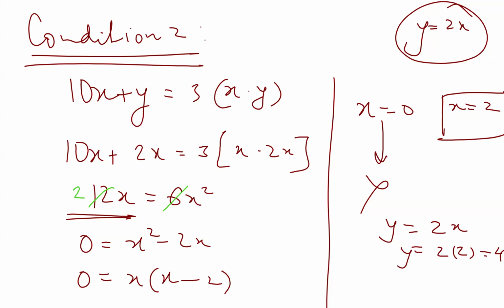So x is the tens place and y is the units place, so that will be 24. Or you can also calculate 2 into 10 plus 4. Or directly you can write 24. I hope this problem is clear for everyone.